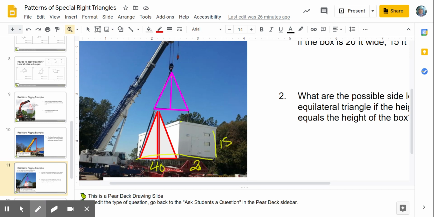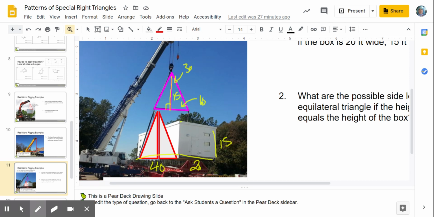So that's 15, and it's equilateral. So again, I know this is 90, and this corner is 60, and this corner is 30, right? Because if I cut an equilateral triangle in half, I get two 30, 60, 90 triangles.